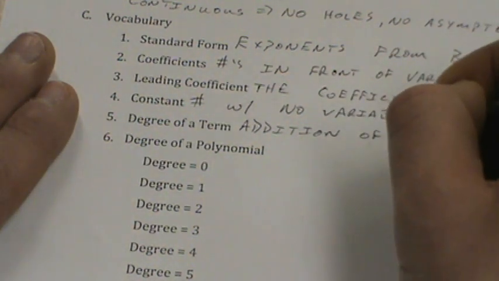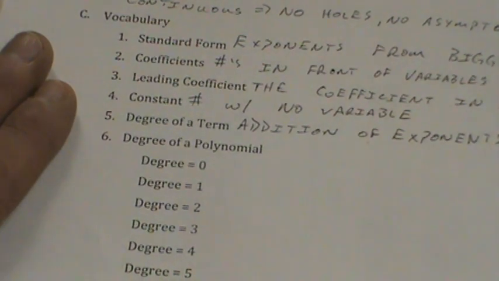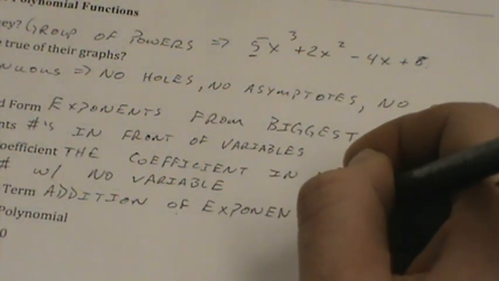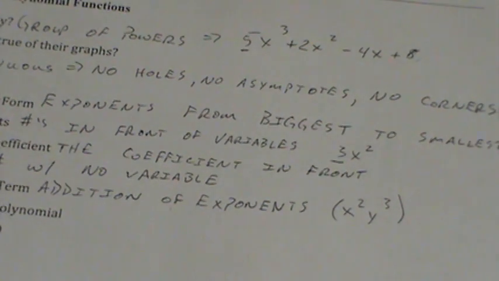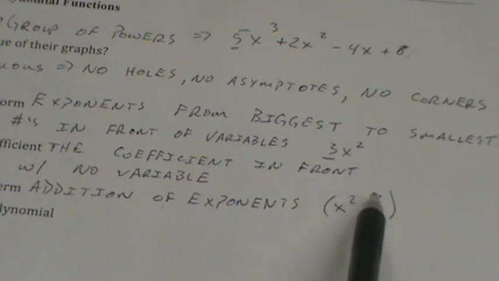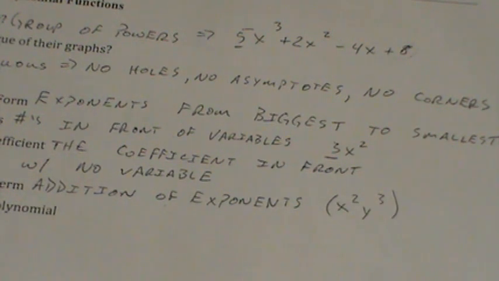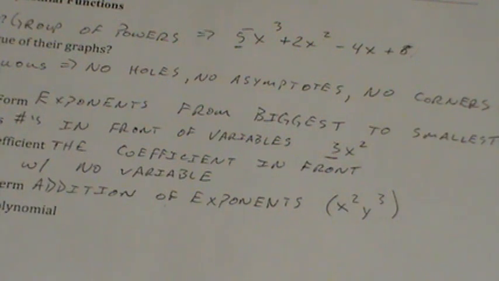Most of the polynomials we look at are only going to use one variable, but sometimes they use multiple. For example, if I have a term that says x squared y to the third, the degree of this term would be a 5, because we're going to add those exponents together.